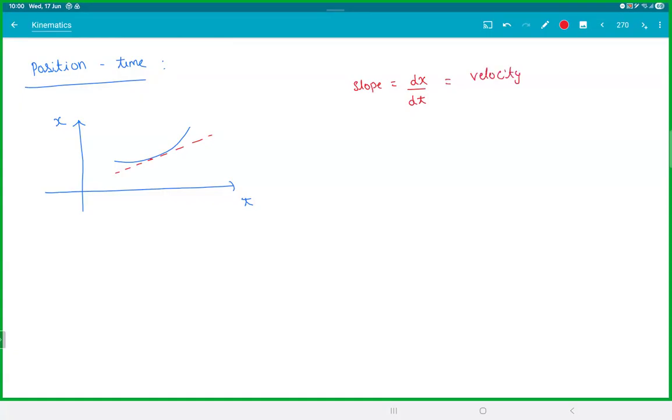So in an xt graph, slope is velocity. Area is integral x dt. What is position into time? Nothing. So there is no meaning here. So area is meaningless here.